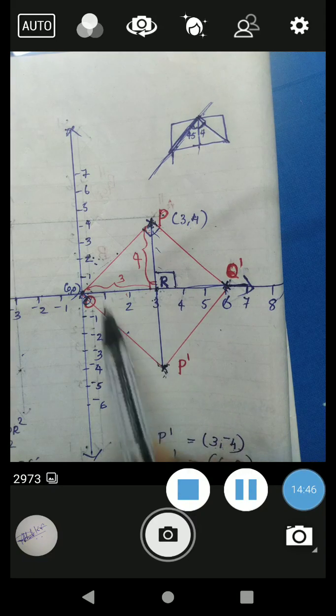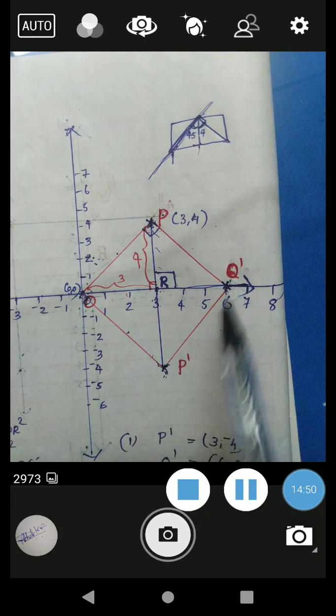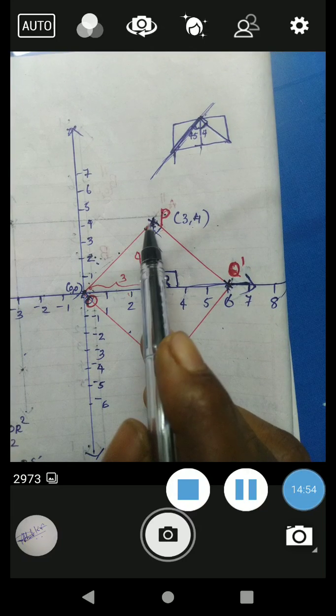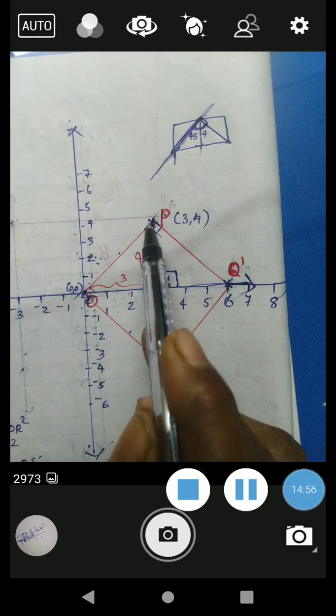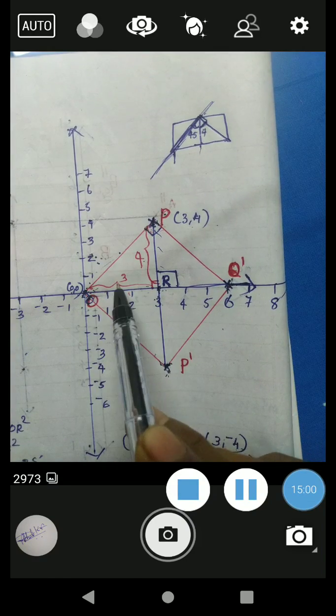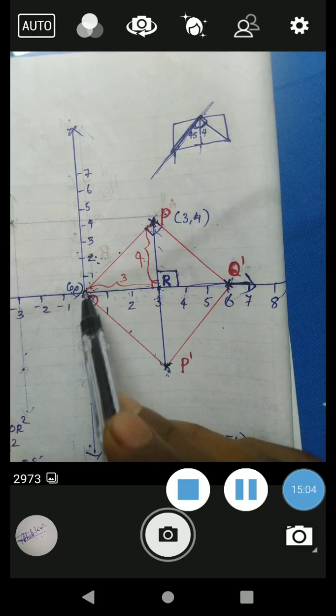Then find the perimeter. We know that perimeter is the sum of the lengths of 4 sides. You can use the Pythagoras theorem for finding the length of one side. Suppose this side is 4, this side is 3. So it is a right angled triangle. Therefore, what is PO?